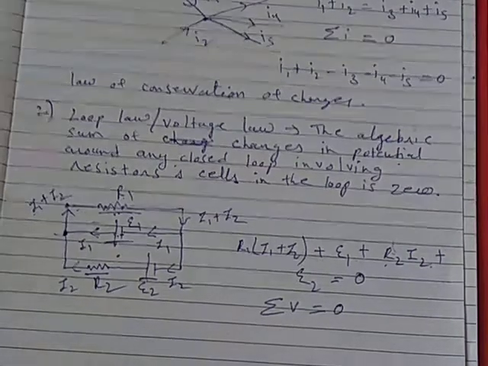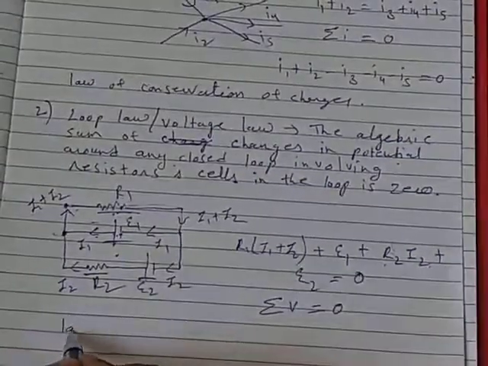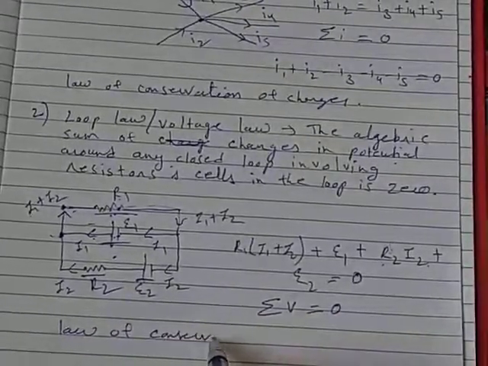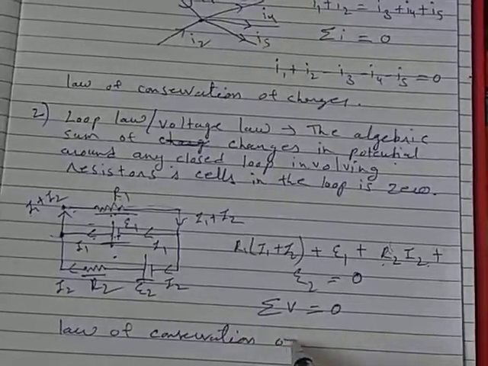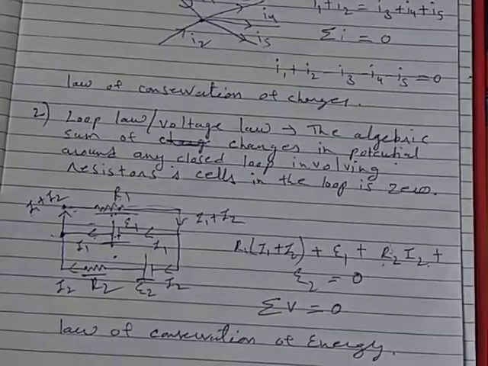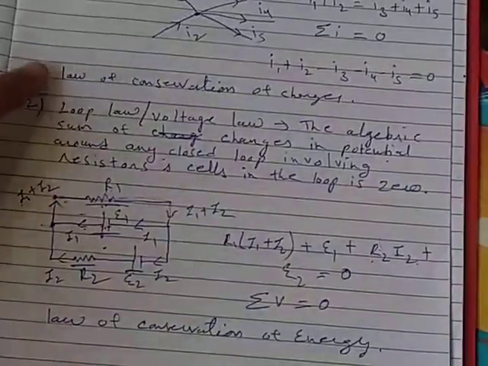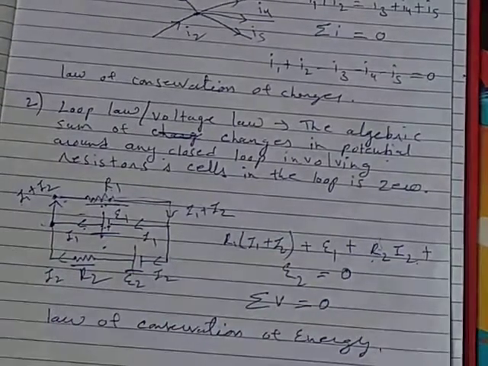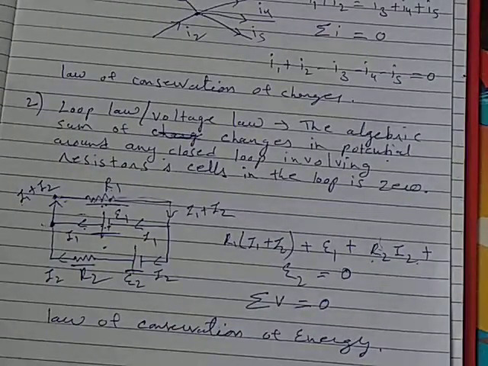Now this law is based on the law of conservation of energy. We know the first law is based on the law of conservation of charges, and the second law is based on the law of conservation of energy.